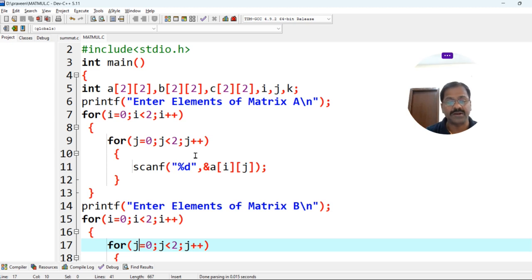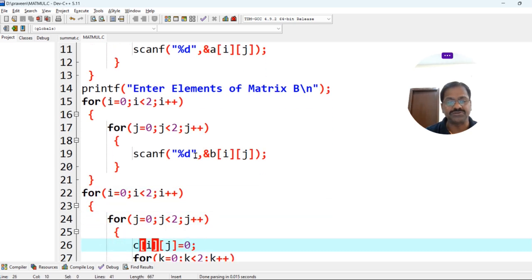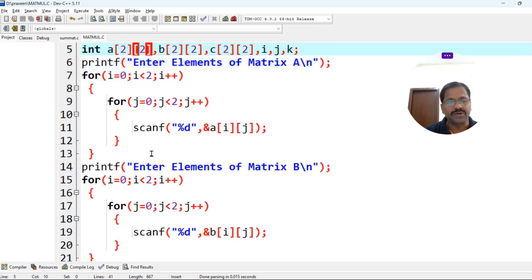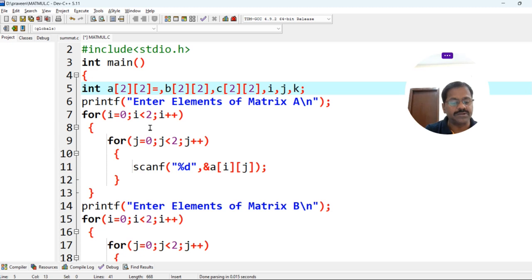After reading the A matrix elements through the keyboard, we have to take the B matrix elements through the keyboard. For that purpose, we have to take scanf. Otherwise we can initialize. Okay, if I won't give through the keyboard, here we can directly give. Okay, like this. Here we have to take here only directly. Okay, here we can take like this, then we can give here elements.